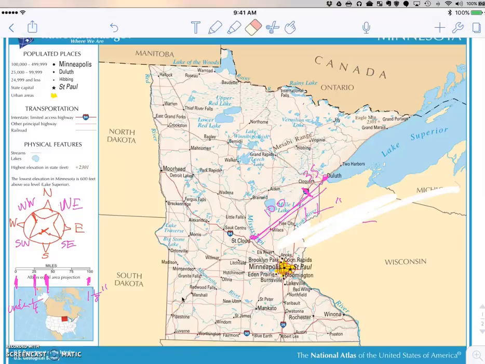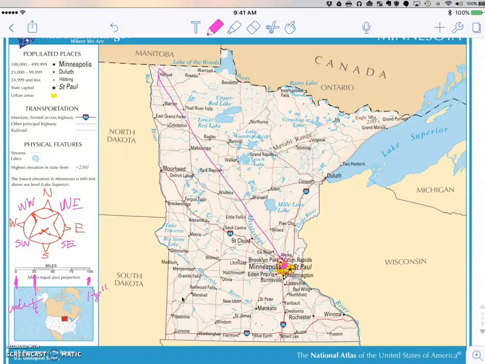Okay, let's try one more. We're going to erase all of that. Okay, and we are going to try to go from, let's start in Minneapolis right here. And we want to go really far away. So we're going to go to Halleck, all the way across.